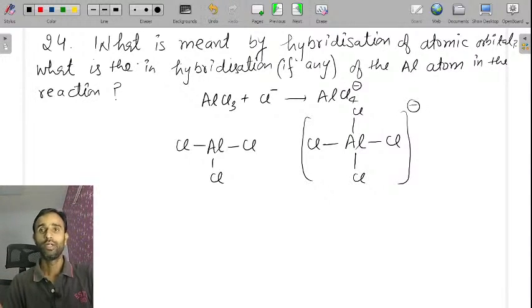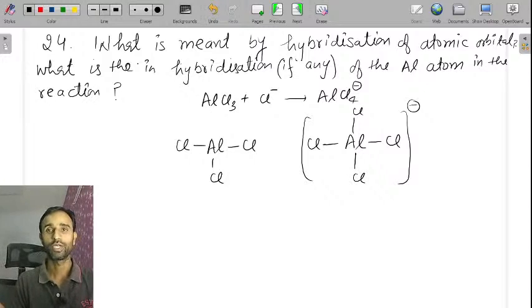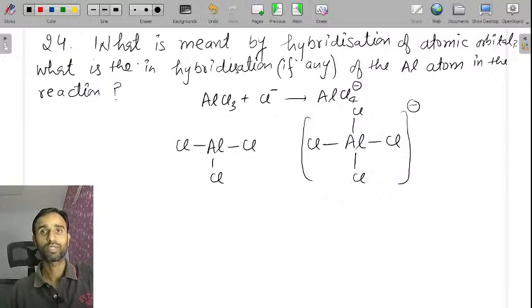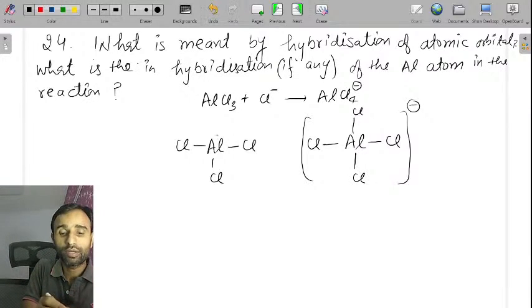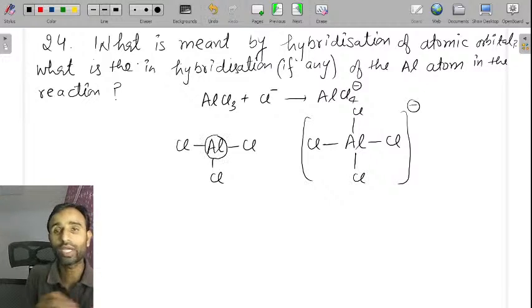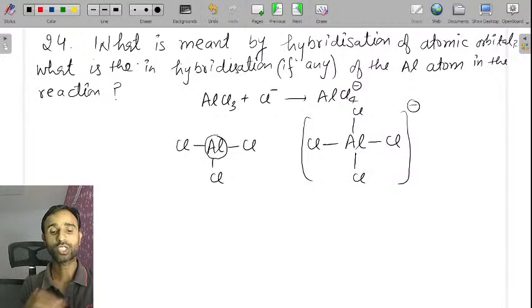Okay. So now tell me, is there any change in hybridization? Yes, there is a change in hybridization. Say in AlCl3, aluminium is attached to 3 atoms.